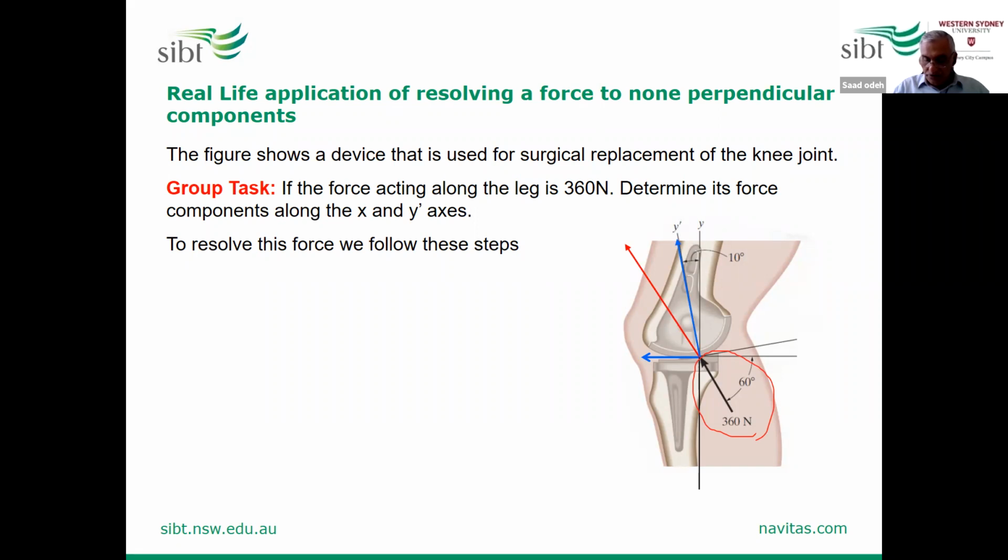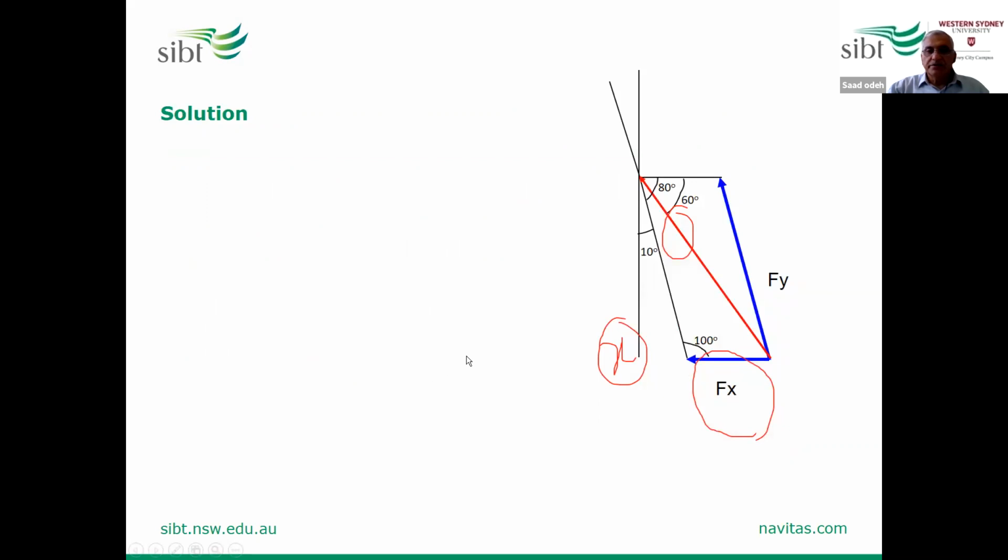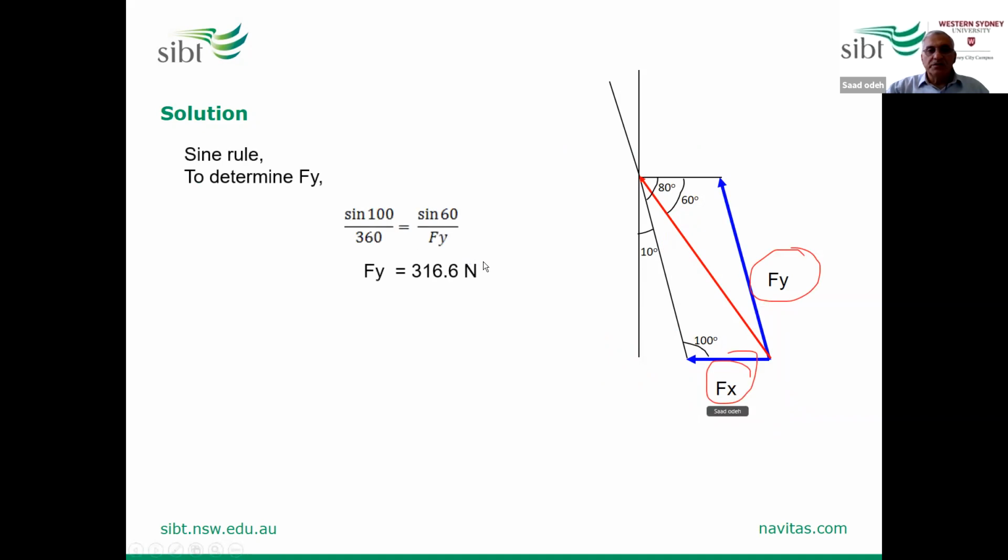So we have, let's say here, component Y prime, and the other one in the X direction. These are two components. I can resolve the force into two components, and then use the parallelogram method to find these forces Fy and Fx. Same method, same way we did before.